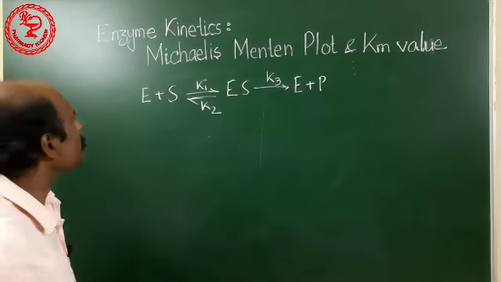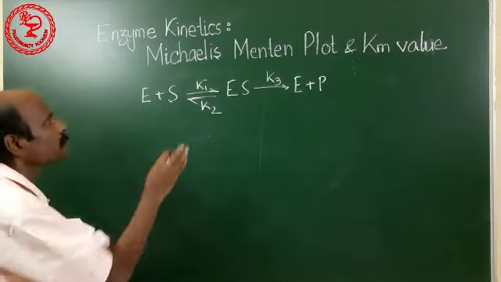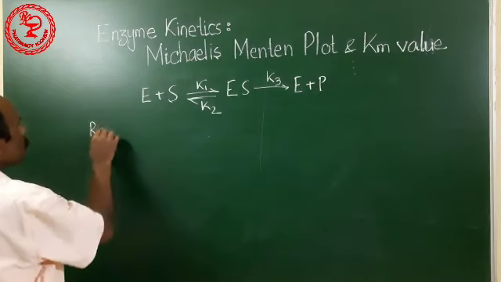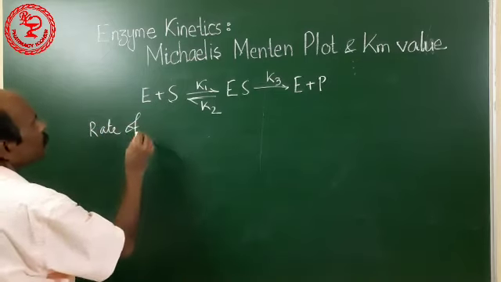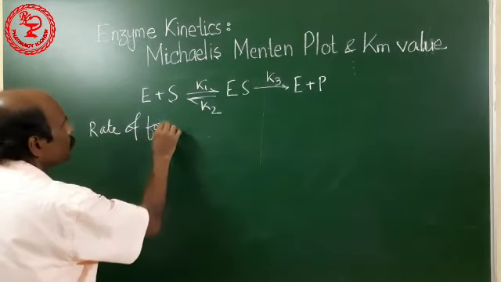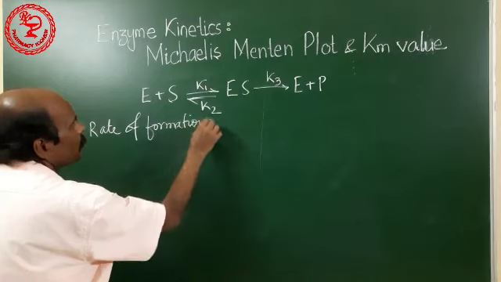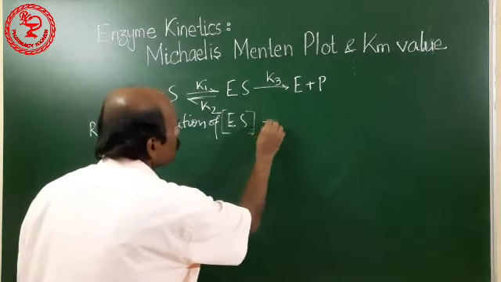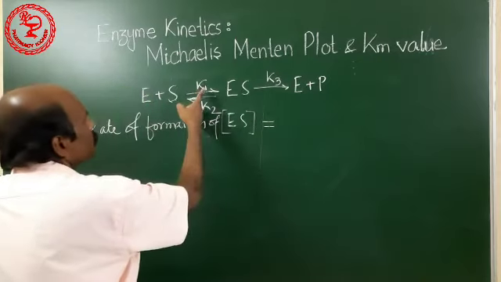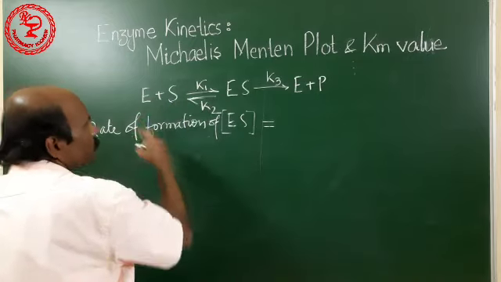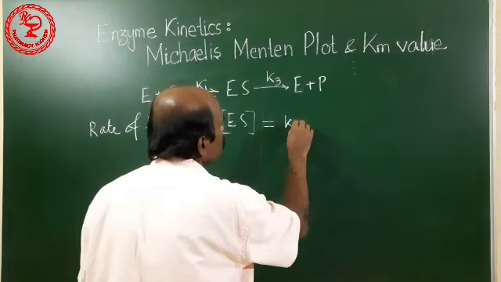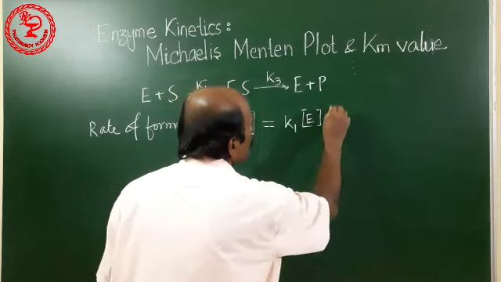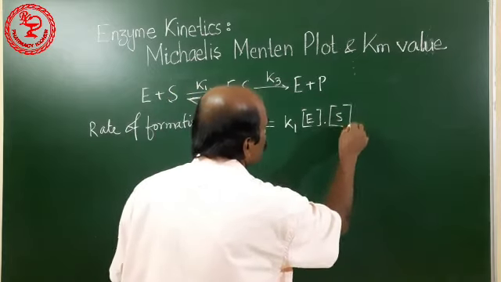Now, if we calculate the rate of formation of the enzyme substrate complex, it is equal to the velocity constant K1 into enzyme concentration into substrate concentration.